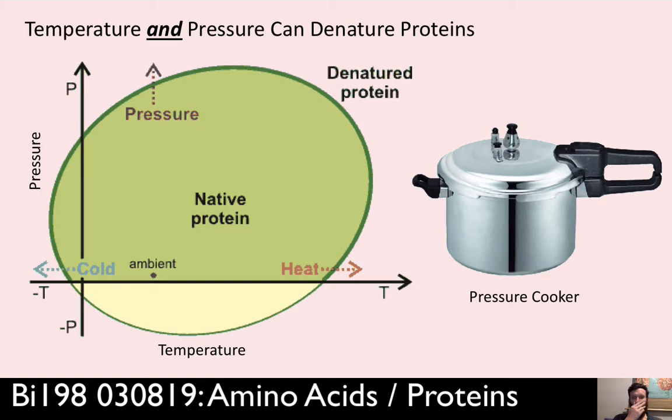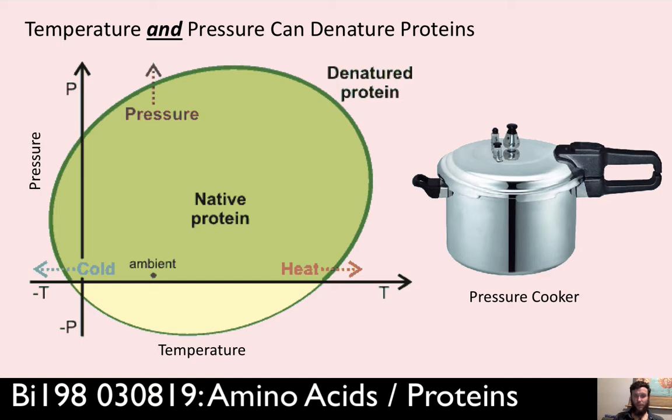So, yeah, you can affect the cooking of a protein with temperature, but also pressure. Temperature is in this interplay with pressure as well. You can affect the native structure of a protein not just by changing the temperature, but by changing the pressure.